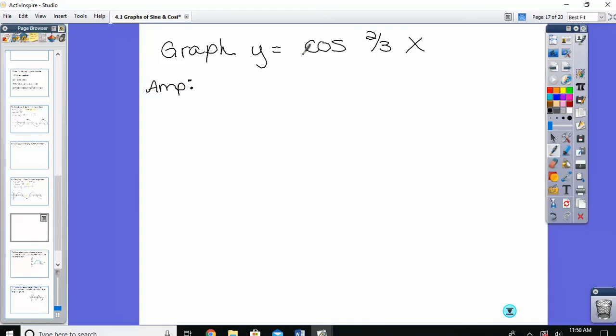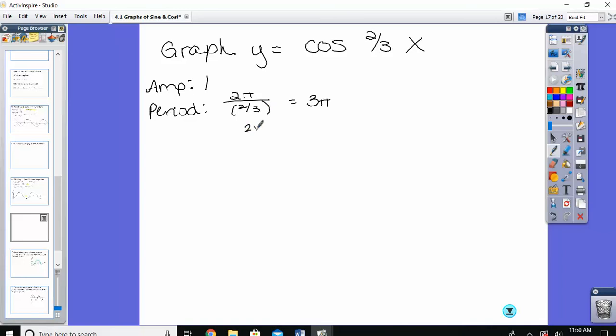Amplitude is the number out in front, which is just 1. Period is always 2 pi divided by the number in front of x. So 2 pi divided by 2/3, which is... if you didn't get it, you probably didn't put your 2/3 in parentheses.